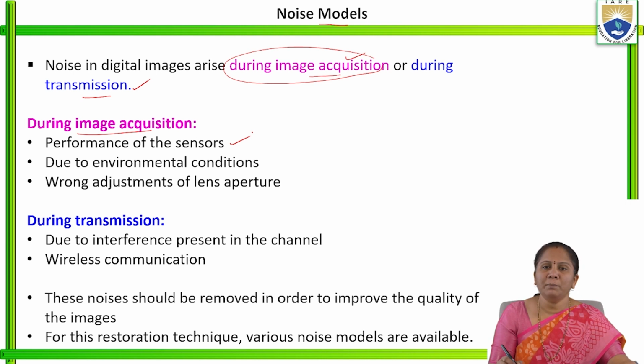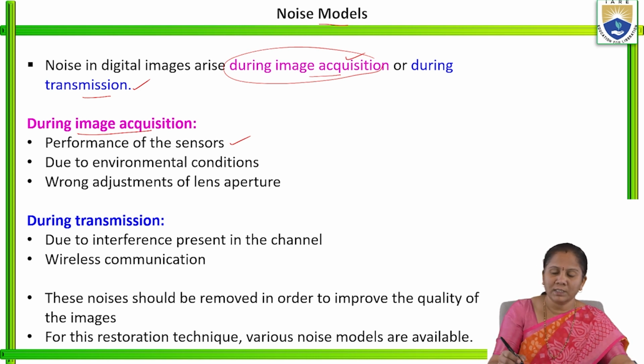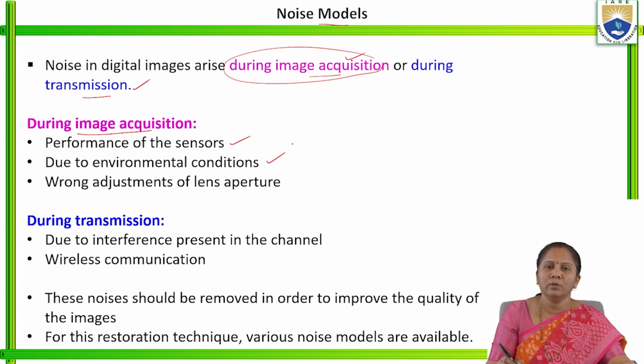The first is the performance of sensors. While capturing the image with a camera, the sensors may not be working properly, so there is a chance of noise being added to the images. The second reason may be environmental conditions.